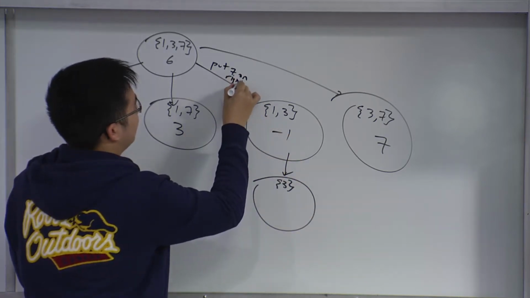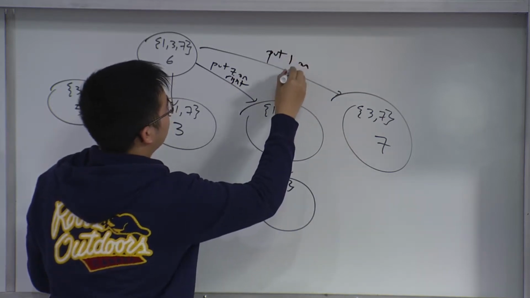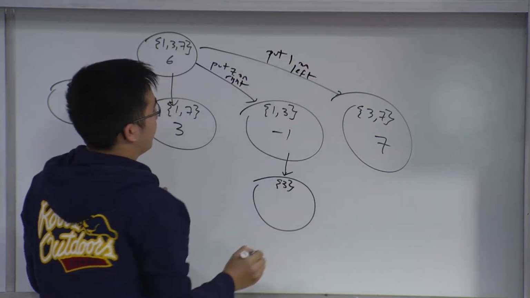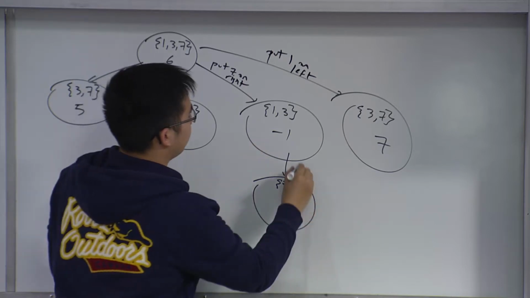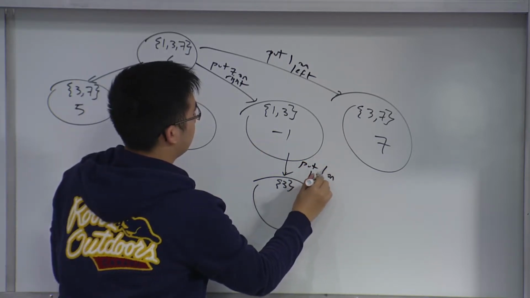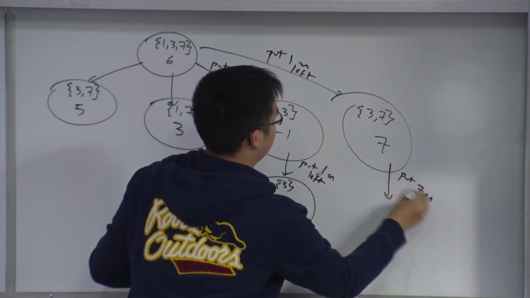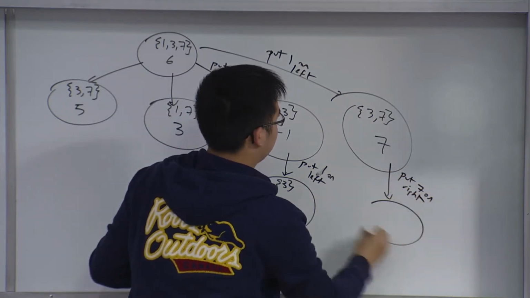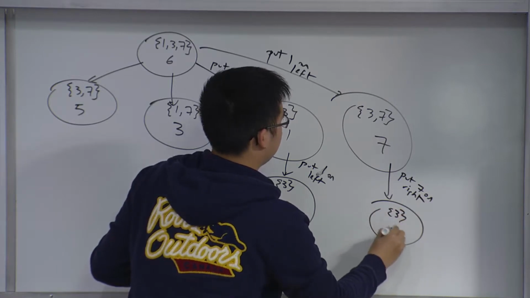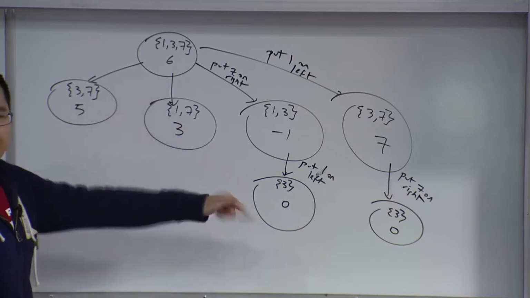And then this one is put the 1 on the left. Here I could put the 1 on the left, which gives me 0. Here I could put the 7 on the right, and that gives me 3, 0. See what we have here?